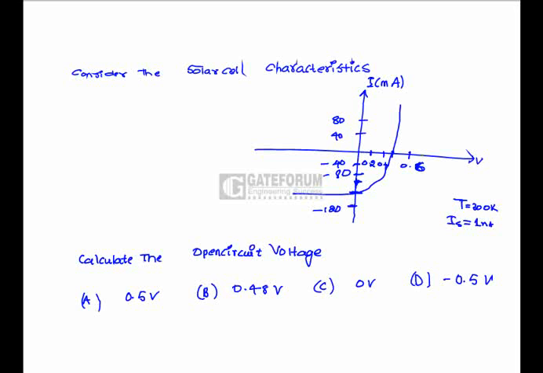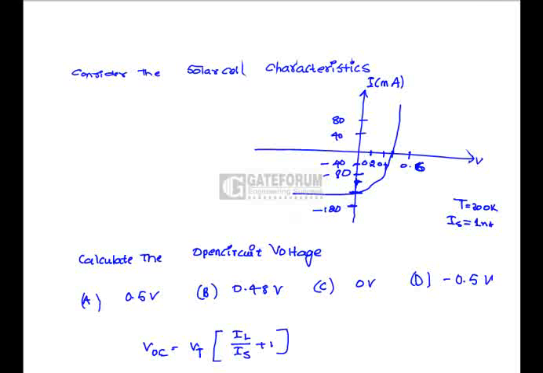Consider the solar cell characteristics given in the figure, which are calculated at temperature equal to 300 Kelvin and the reverse saturation current equal to 1 nanoamp. Calculate the open circuit voltage. Here the open circuit voltage for a solar cell is given as Vt, which is the thermal voltage, into ln of load current divided by the reverse saturation current plus 1.